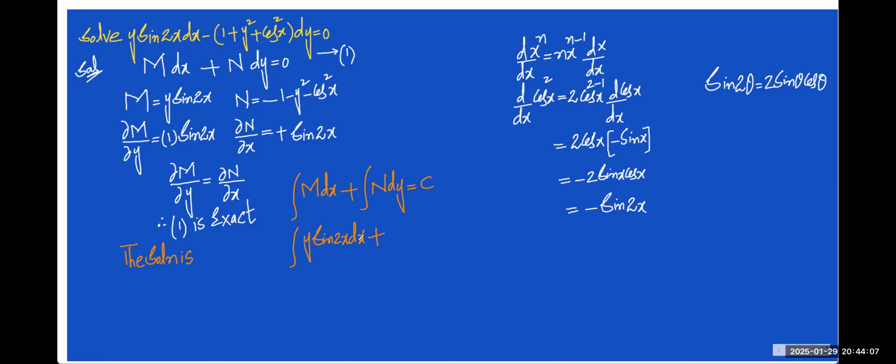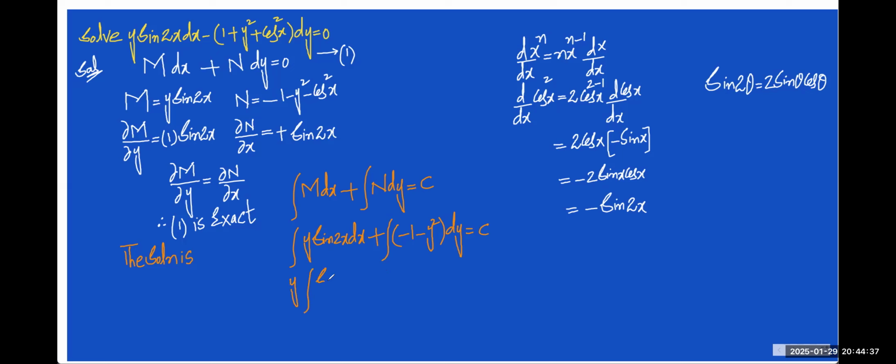Now tell me, from this N value, what should I write here? The rule is terms not containing x. Minus 1 minus y square. Exactly. Minus 1 minus y square into dy, terms not containing x. Now treating y as a constant, y will be outside.